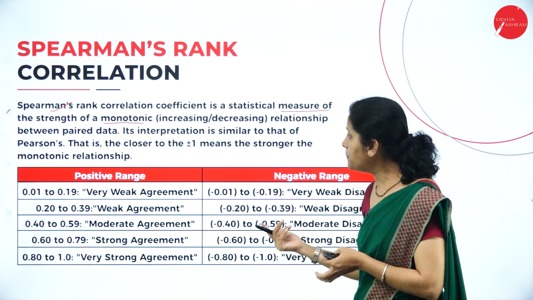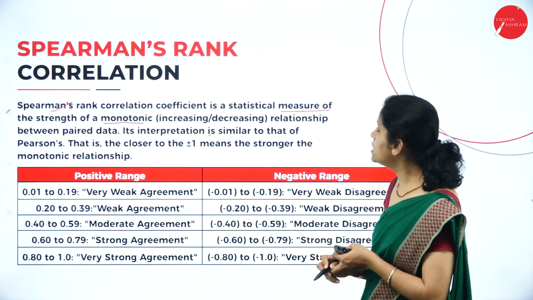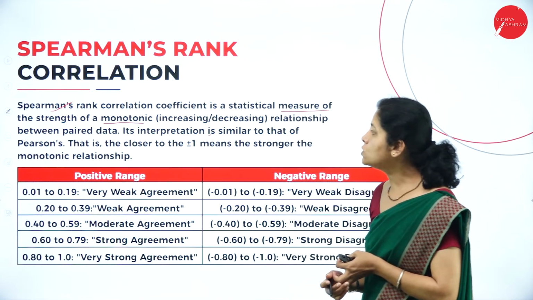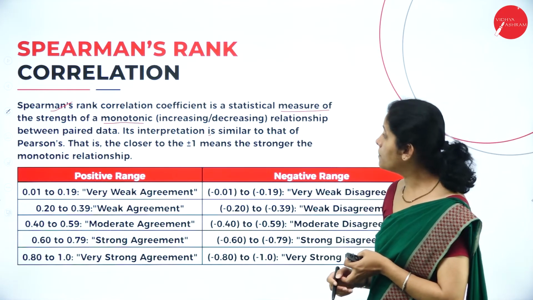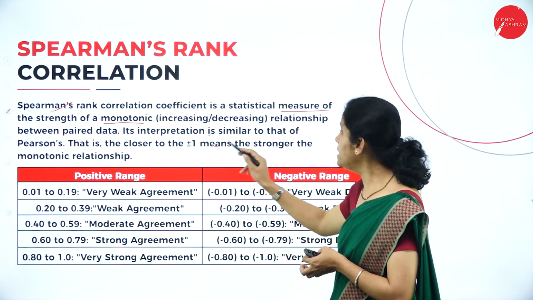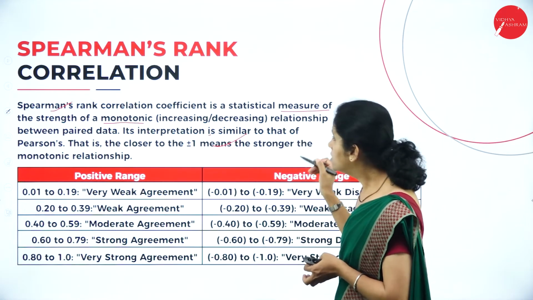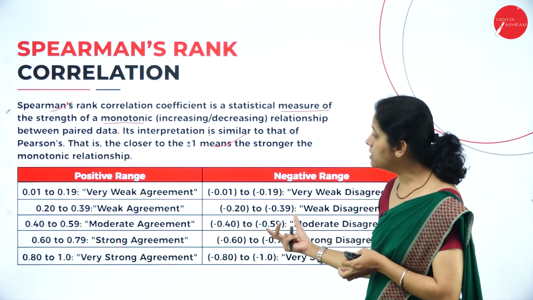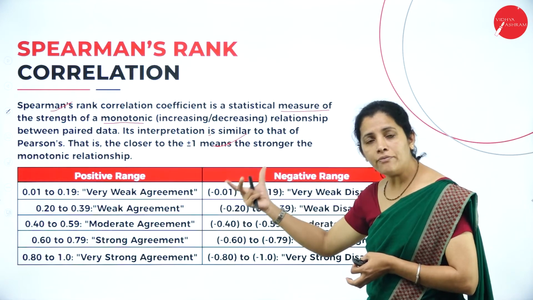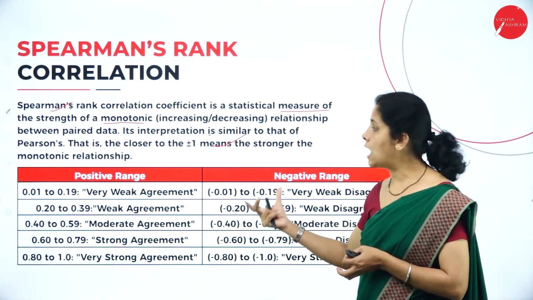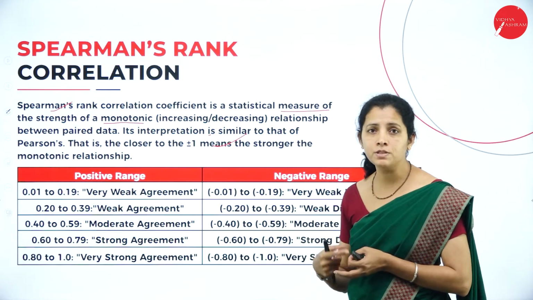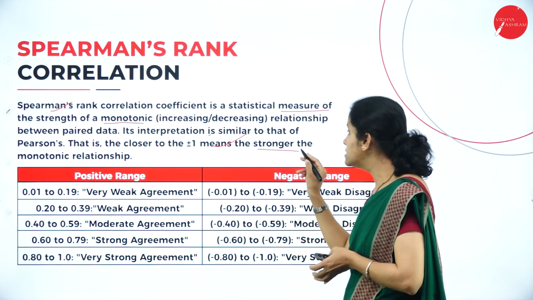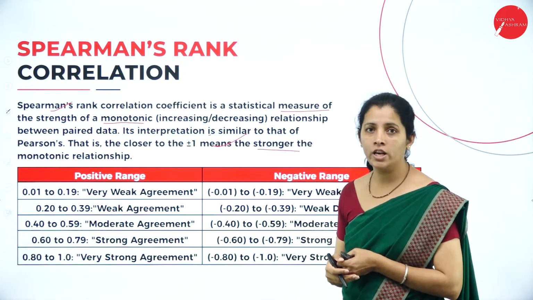Its interpretation is similar to that of Pearson: the closer to plus or minus 1, the stronger the monotonic relationship. In the sense, after interpreting, if I get the answer in terms of plus or minus 1, then it is nothing but a strong correlation.